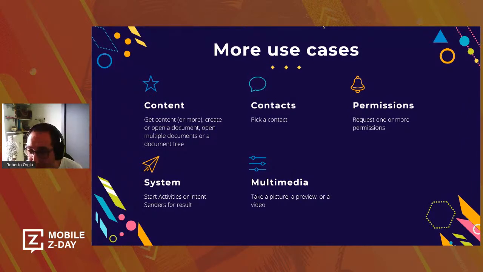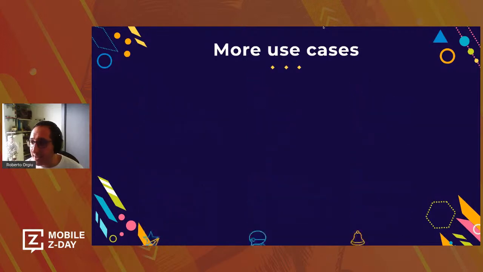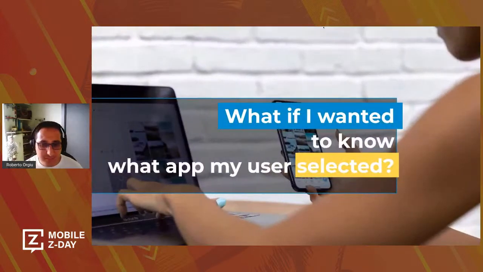It's basically a callback for when your intent is, let's say, consumed by another application. Let's see an example. I want to know that my user shared the content, and I want to know on which app this content has been shared.